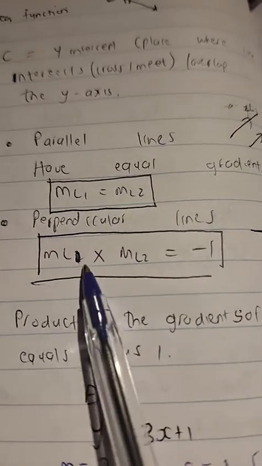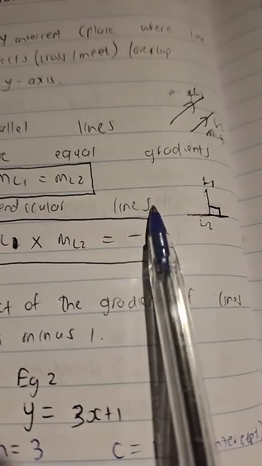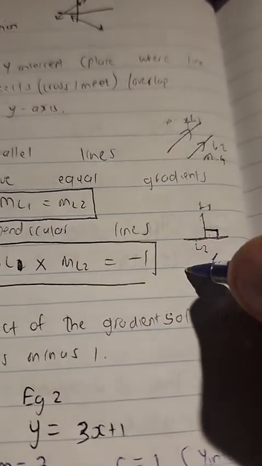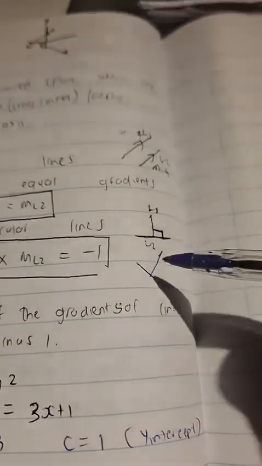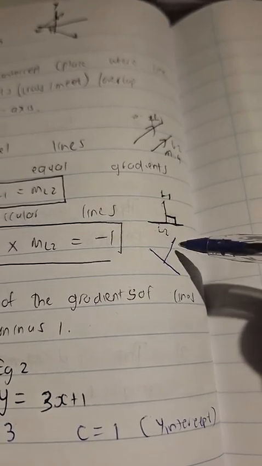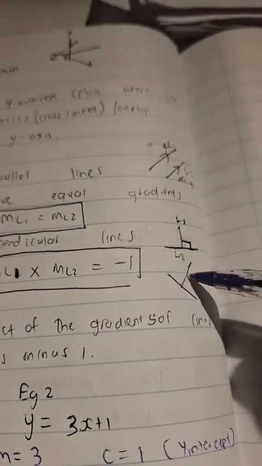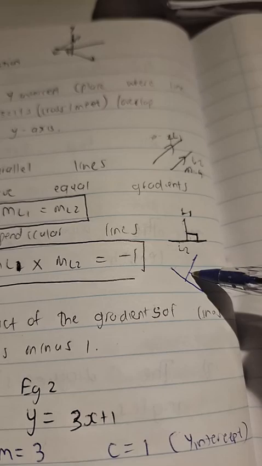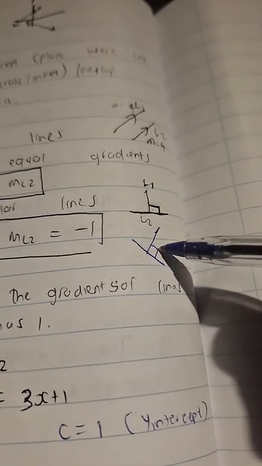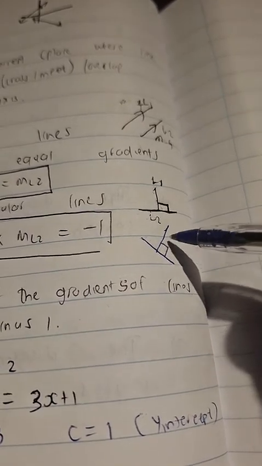Okay, so for perpendicular lines, guys, please take note here. The lines that are forming the T shape, that's what perpendicular lines are. Perpendicular lines literally meet at and form an angle of 90 degrees where they meet.